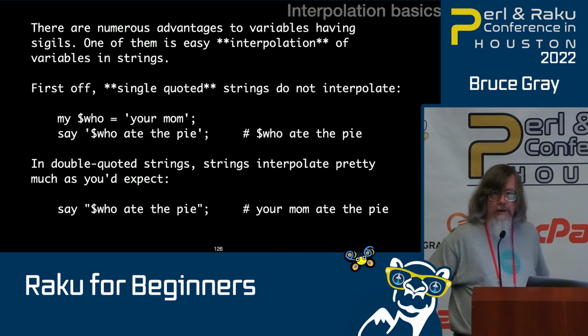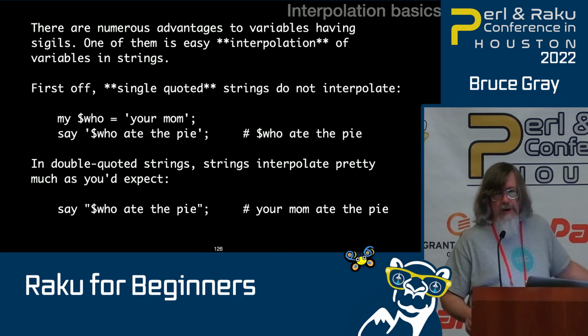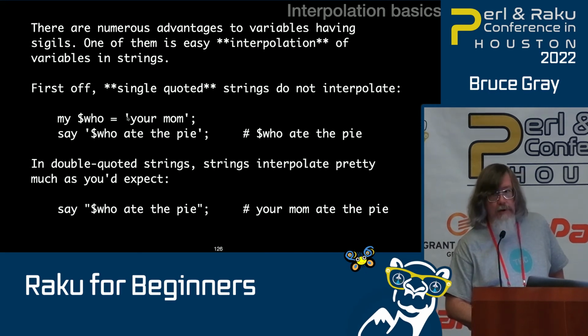Okay, I'll just quickly get back started with the only part of interpolation that I'm going to cover right now. We talked about single quotes, which basically don't do anything.